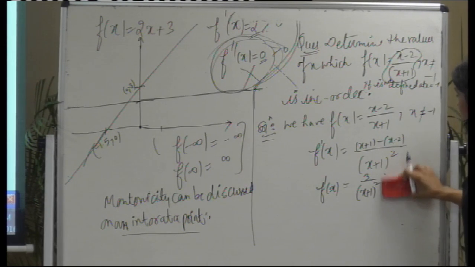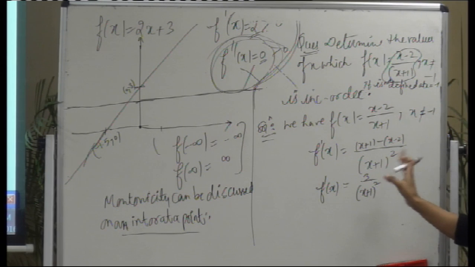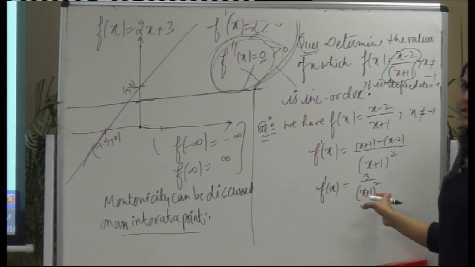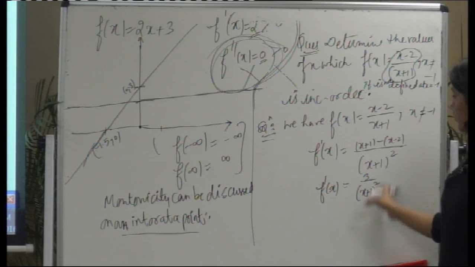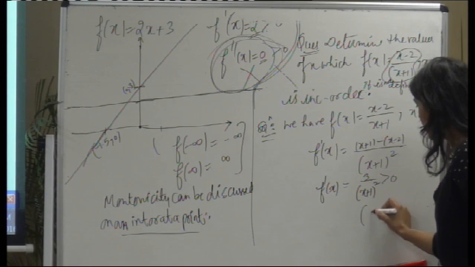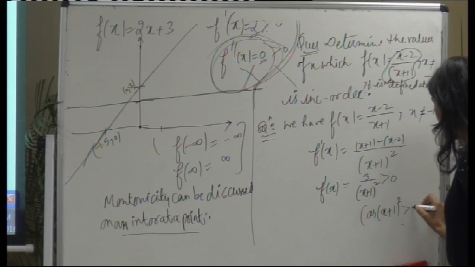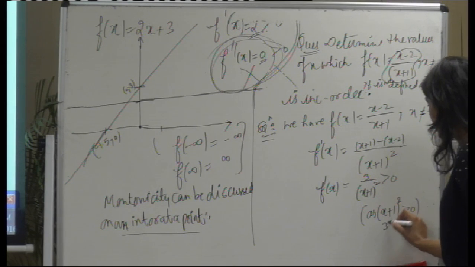How many of you are saying it is negative? Whatever the value, positive or negative? It can be 0 anywhere. So it is? Why? Because the square of any number is always positive and 3 is positive.